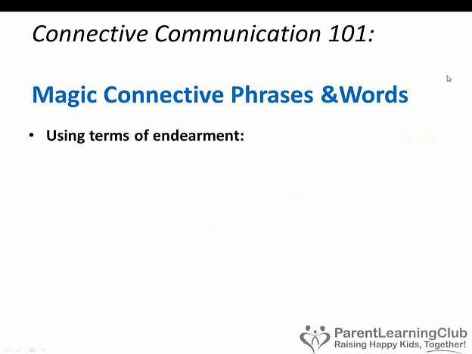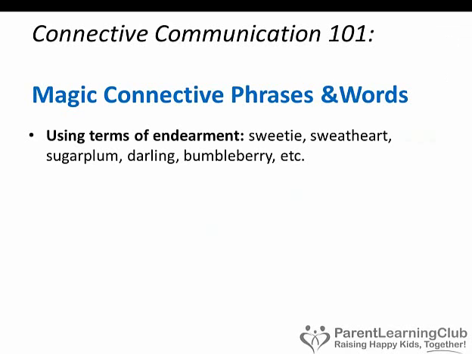So the first one is using terms of endearment. This refers to using words like sweetie or sweetheart, sugar plum, darling, bumbleberry, any kind of sweet term of endearment that you might already have a pet one for your child. Anything like that helps to reach through any resistance or pressure or stress of the moment when you're butting heads with your child or engaged in a power struggle, to go beyond that and try to connect with their heart again.